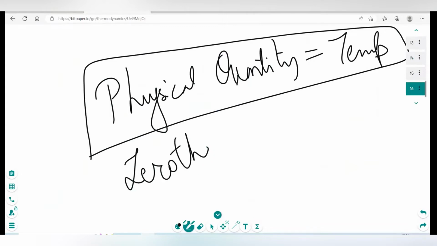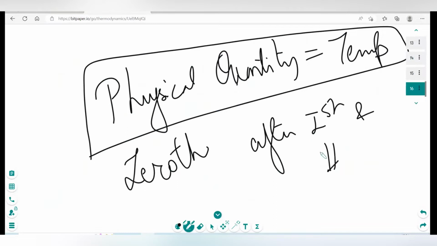Do you know why it is called the zeroth law? Why not third law, fourth law, fifth law? Why zeroth law? I'm not sure. Because it was invented after the first and second law. Correct. First and second law were already defined, so you have to create a law which comes before that.